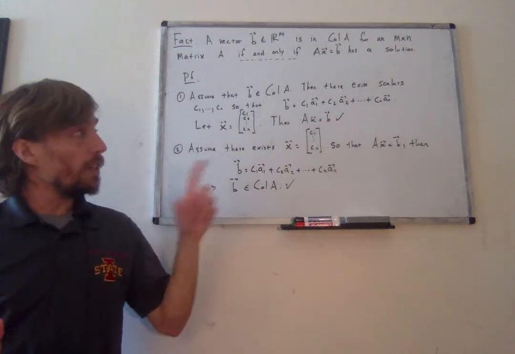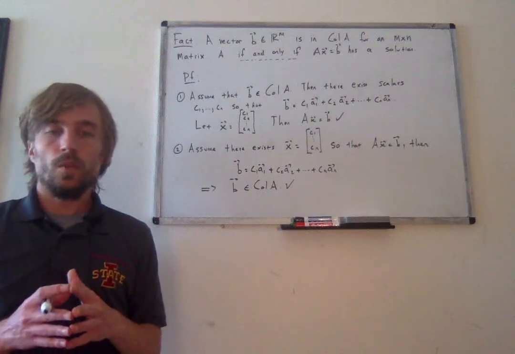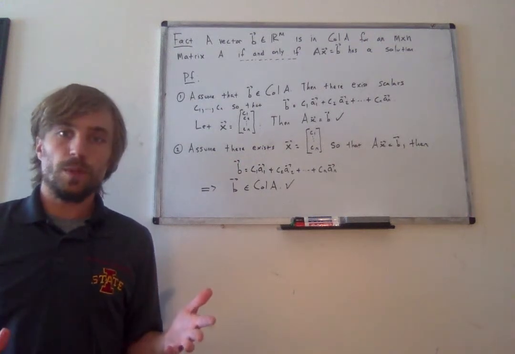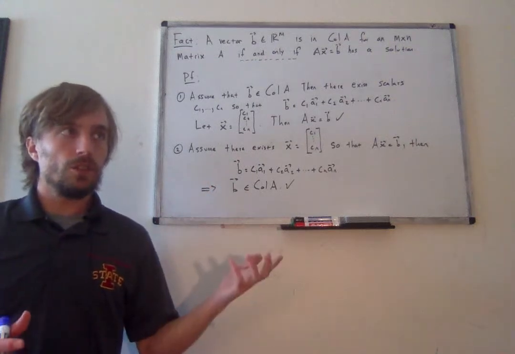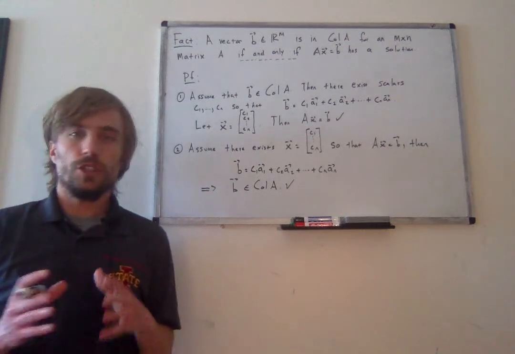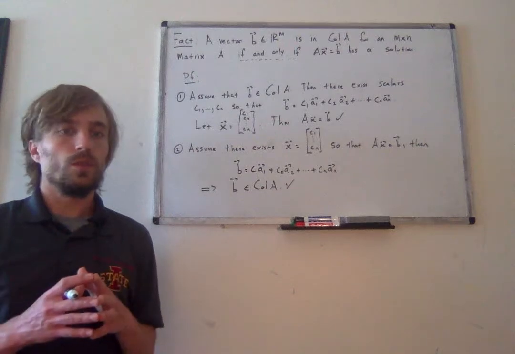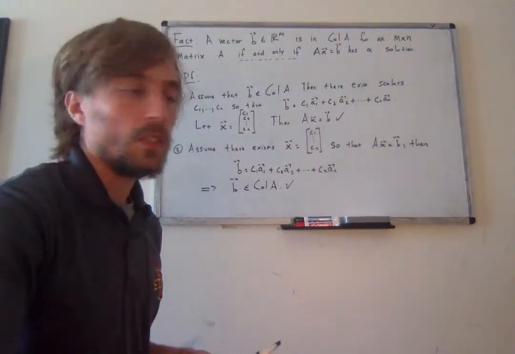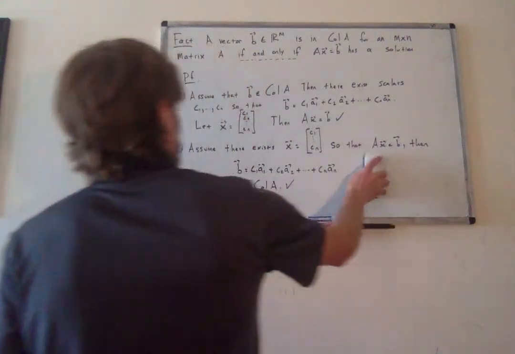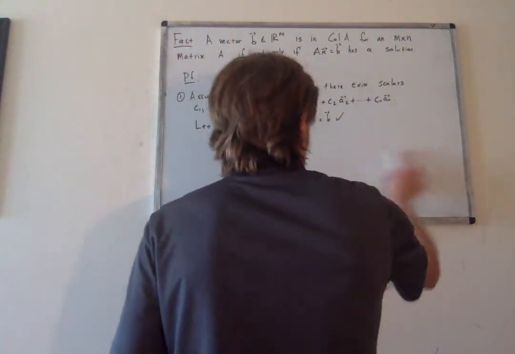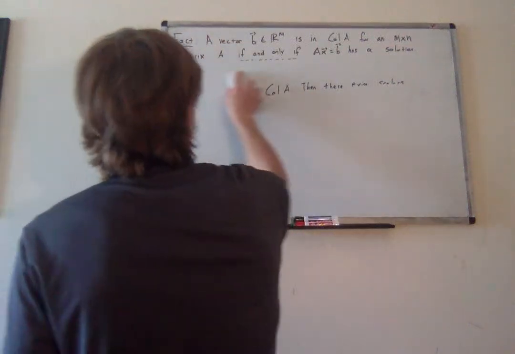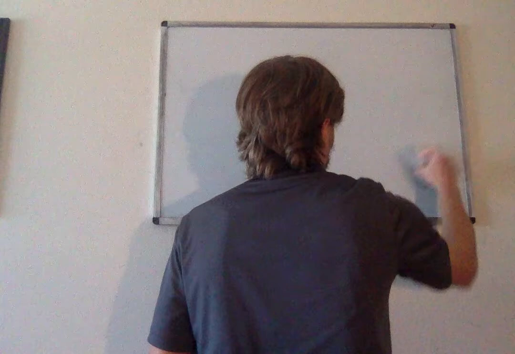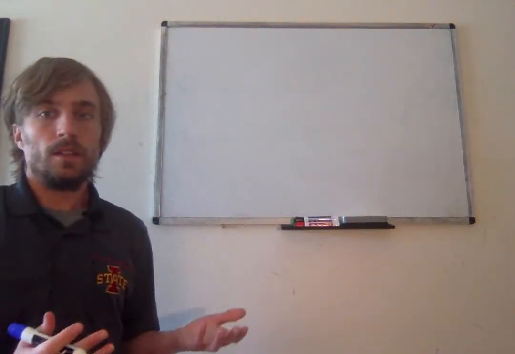Because of this fact, we actually know how to determine if a vector is in the column space of A. That question may seem a little more difficult, but certainly not impossible, because all we are secretly asking is, does the matrix equation AX equals B have a solution?